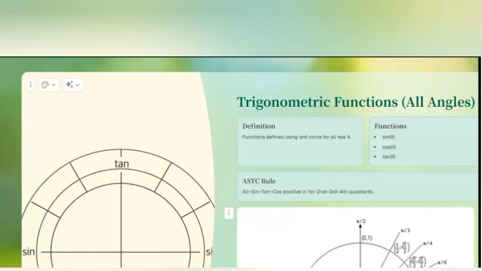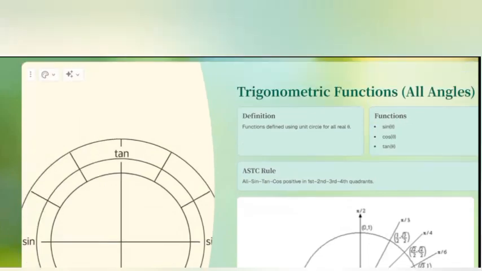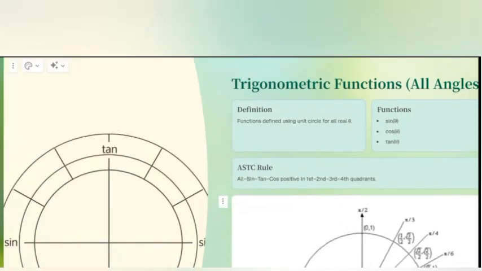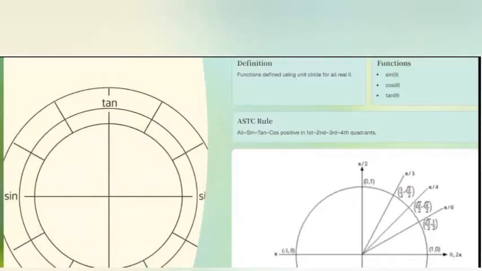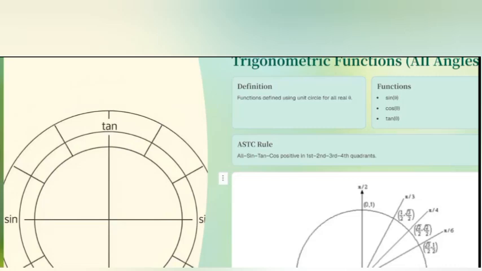These are the functions defined using the unit circle for all real theta. So the angle is theta, and the functions that we know are sine, cos, and tan. These are the basic ones. Of course, there are 3 other functions, but they are connected to the basic ones.